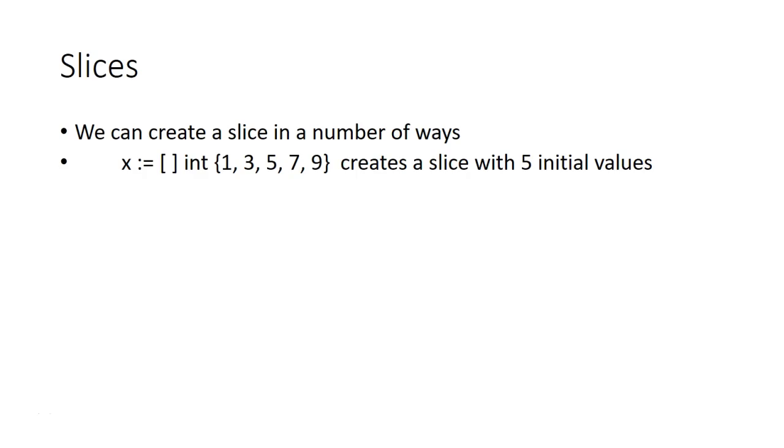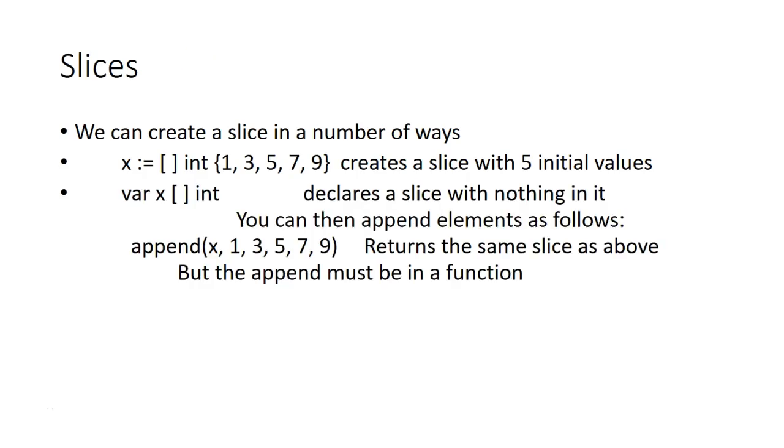All right, so this is just one way of creating a slice. Here's another way of creating a slice. We declare a variable called x. See that? We've got a variable called x, but we've got brackets right after the x and before the type. So this says x is not just a simple variable, x is a slice. And it's a declaration, so we've got a slice with nothing in it. Let me just do that.